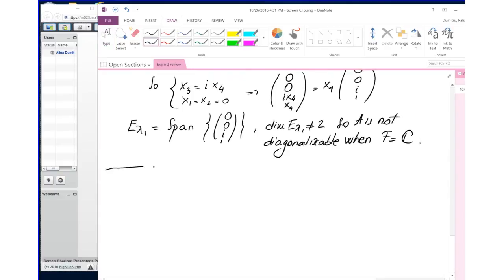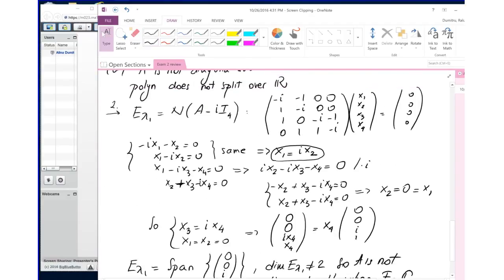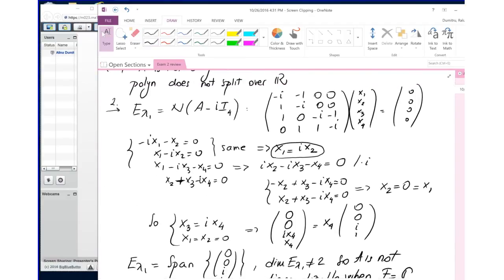So again, that's not part of the solution. We don't need that anymore, but let's just look at E lambda 2. That's the null space of A minus lambda 2, so A plus i identity. And the matrix will be the same, but with plus on the diagonal.